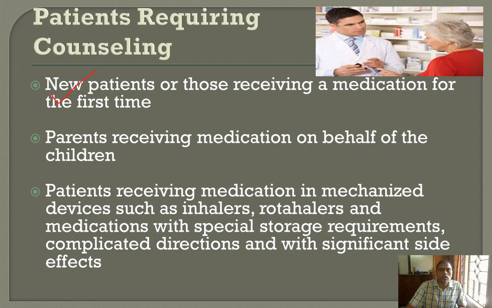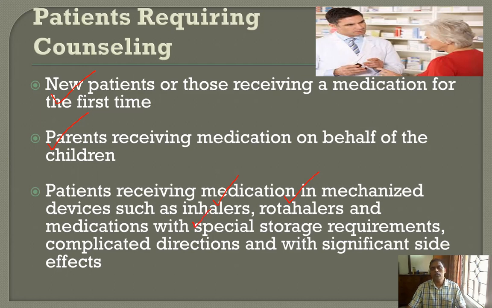Then patients receiving medication on behalf of children. Children's dosing is different from adult dosing. So when you get a prescription for children, you have to give special care, explaining to the caregiver regarding the medication. Patients receiving medication in mechanized devices such as inhalers and Rotahalers, a type of inhaler, and medications with special storage requirements.